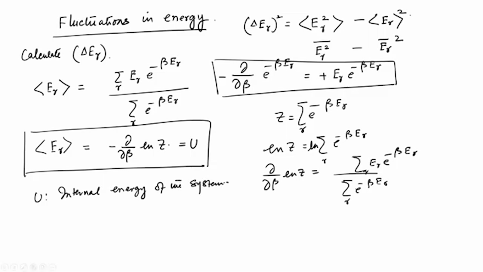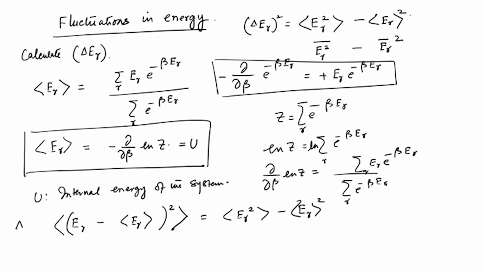All right. Now how do we calculate this quantity, which is E_r minus the average of E_r, squared. This is nothing but the average of E_r squared minus the square of the average of E_r, which equals delta E_r squared. And we have to calculate each one of them, as I have said earlier.